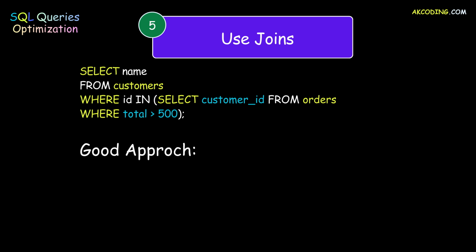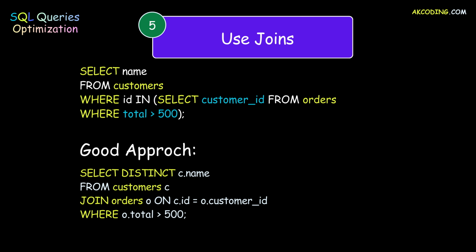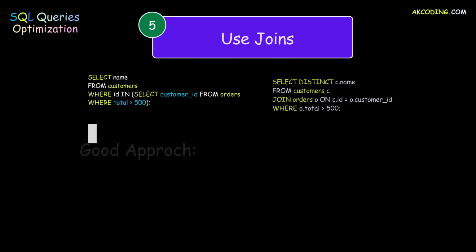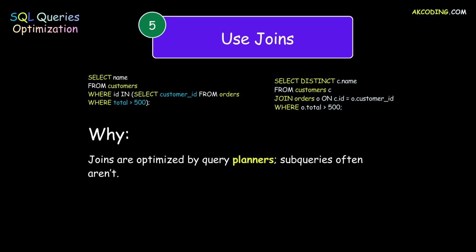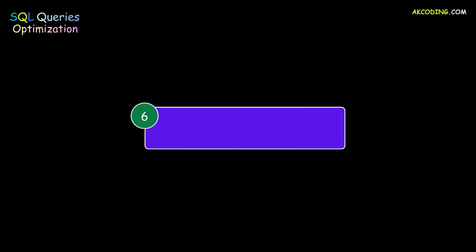The good approach is SELECT DISTINCT c.name FROM customer c JOIN orders o ON c.id = o.customer_id WHERE o.total > 500. Why? Joins are optimized by the query planner. Subqueries often aren't.